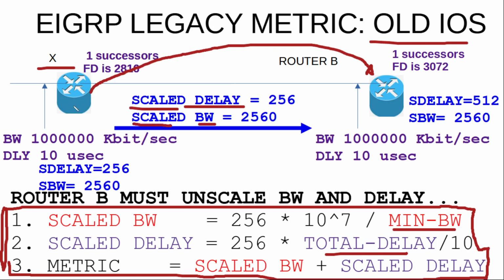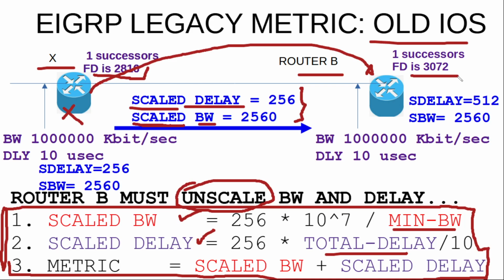So when this X router calculated its metric, it used these formulas and stored these values, and it is actually using these values for the update. So this involves a little hassle for router B, because upon reception of these values, it has to unscale these values in order to gather the actual bandwidth and summation of delay, and then update these values and calculate this formula again to reach this conclusion.